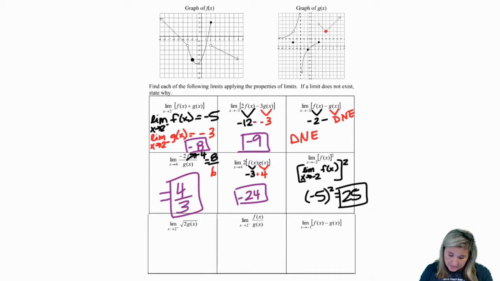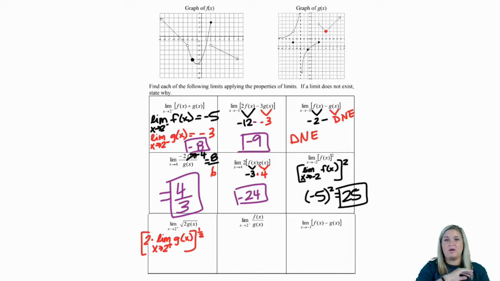So you could write this as 2 times the limit as x approaches 2 from the right of g of x, and then all of this raised to the 1/2 power. So that way I can take the limit, multiply by 2, then I raise it to the 1/2 power. So anytime you have a constant, you can write that out front.